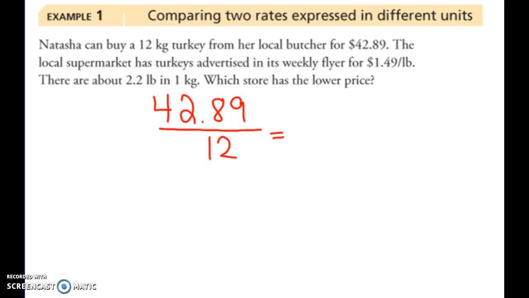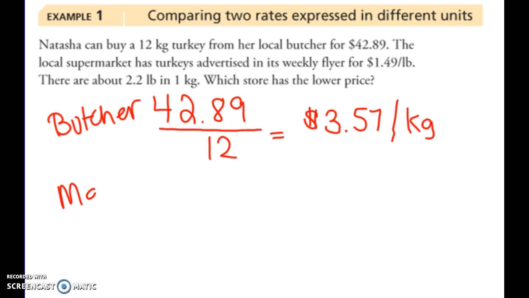It gets me down to how much I pay per individual kilogram. 42.89 divided by 12 gets you to $3.57 per kilogram. So that would be the butcher's price.